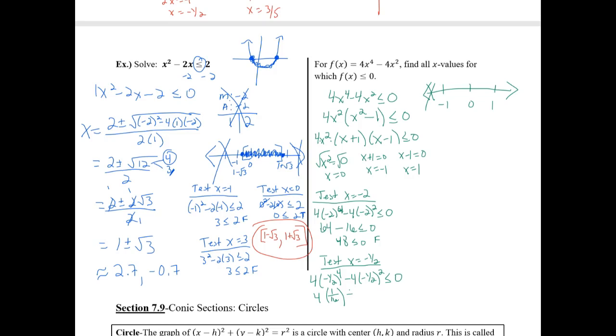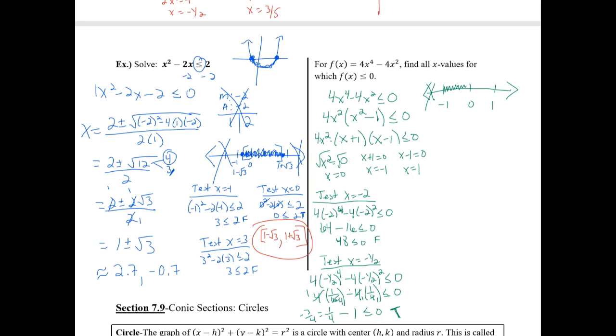Minus 4 times negative 1/2 squared, which would be positive 1/4. I can simplify before I multiplying: that's 1/4 minus 1. 1/4 minus 1 is negative 3/4. So is negative 3/4 less than or equal to 0? Yes, because it's negative. So that is true.